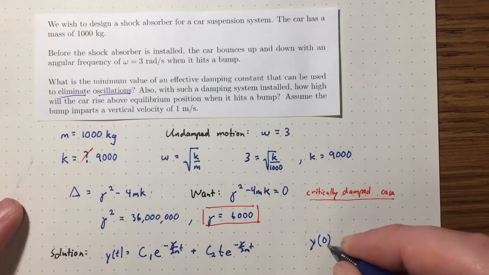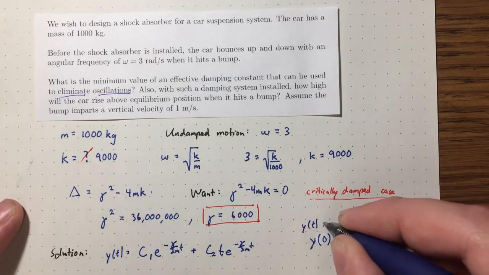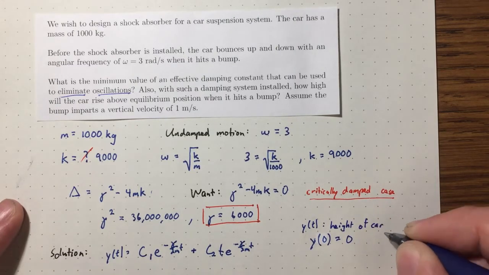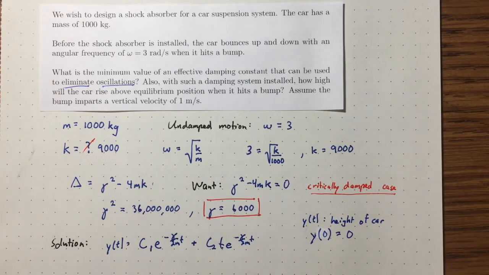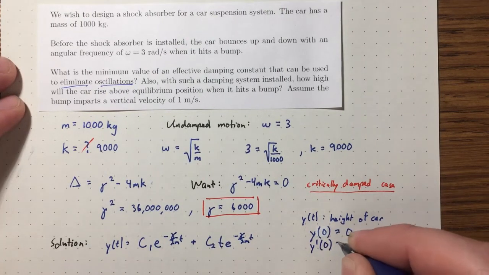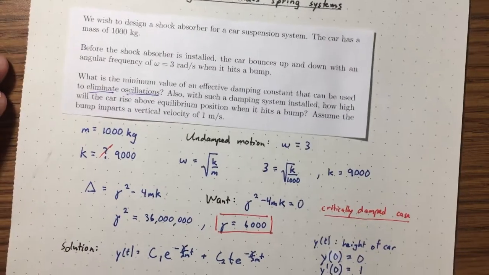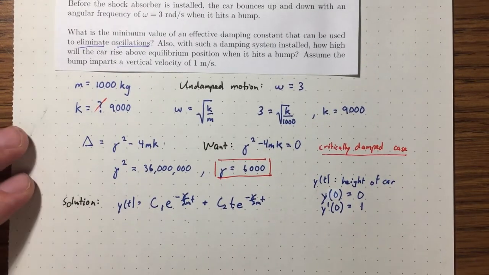So y of 0 is going to be 0. y of t you can think of as the height of the car. And then y prime of 0 is 1, right? We're given that.